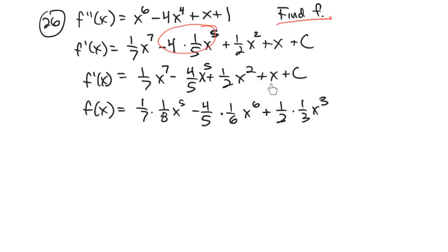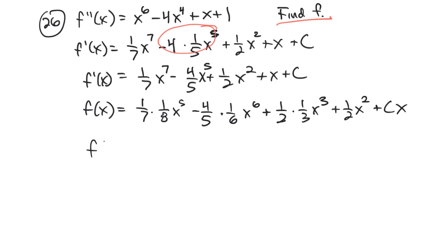Then we have this x, which is x to the 1 right now, right? So it becomes x to the 2 over 2, or 1/2 x squared. And now what about this? What if this said 5? If this said 5, wouldn't you say 5x? So since it says c, it's just some unknown constant, we just say cx.